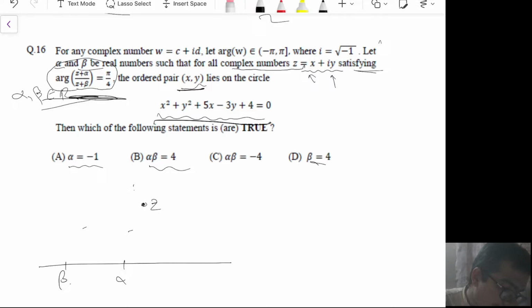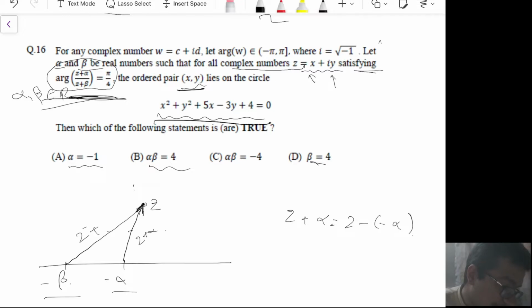Now z plus alpha equals z minus (minus alpha), so it makes more sense to plot minus alpha and minus beta on the real axis. Then z plus alpha is the vector which joins minus alpha to z, in the direction of z. So this vector is z plus alpha. Similarly, the vector joining minus beta to z is z plus beta, right?